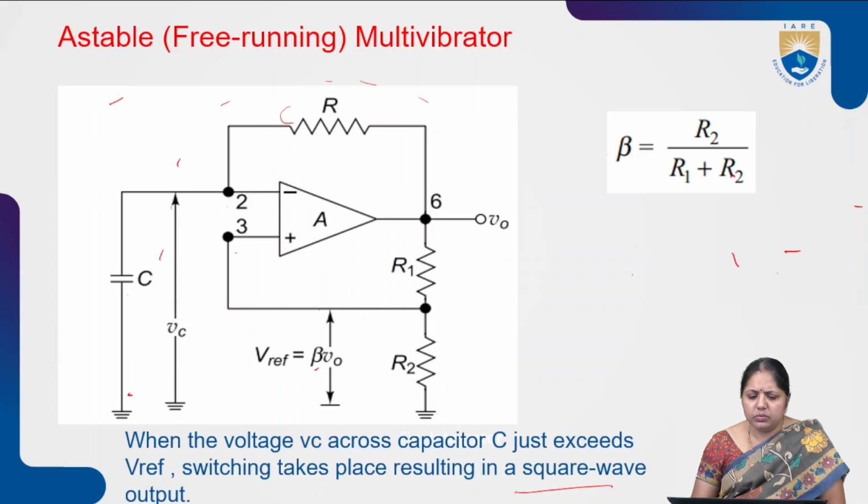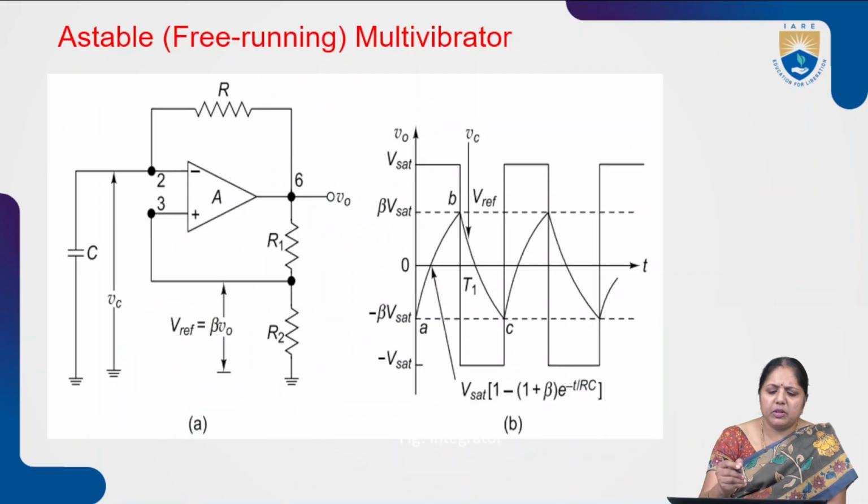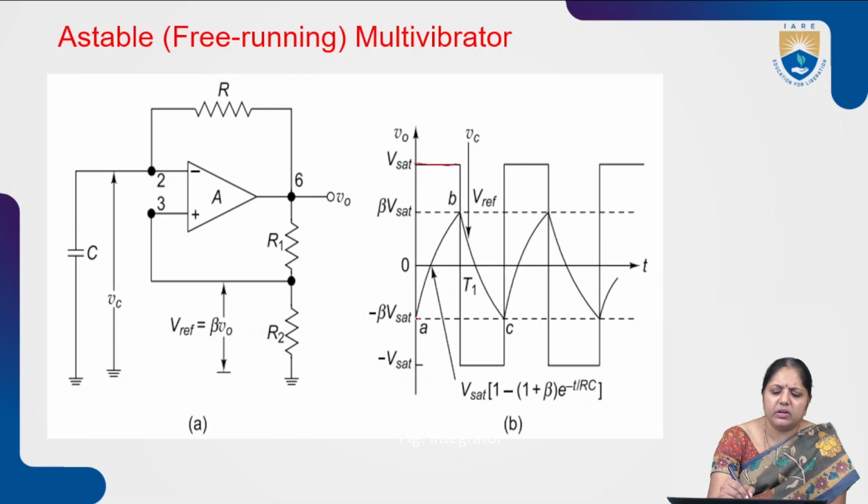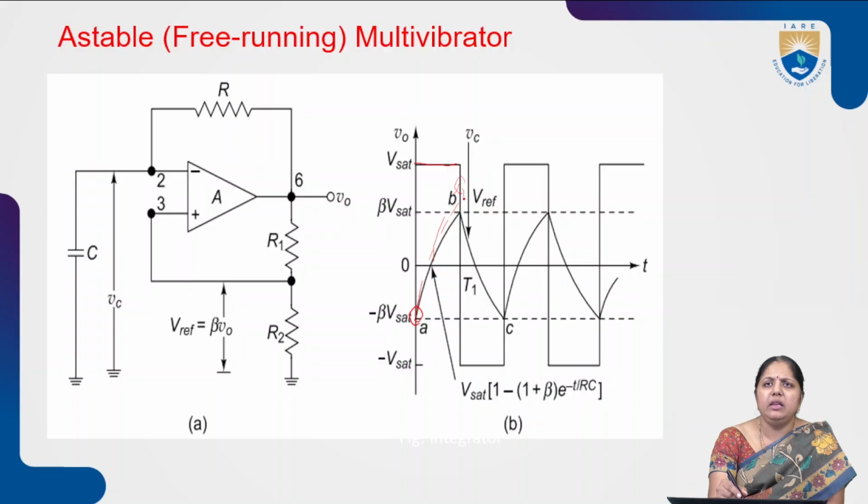Now, if you see the waveform, initially the output voltage is plus Vsat, and if I consider the initial voltage across the capacitor as minus beta Vsat, it will charge from minus beta Vsat and try to move towards plus Vsat. A comparison at the second terminal and third terminal will be over, and again your output voltage will move from plus Vsat to minus Vsat.